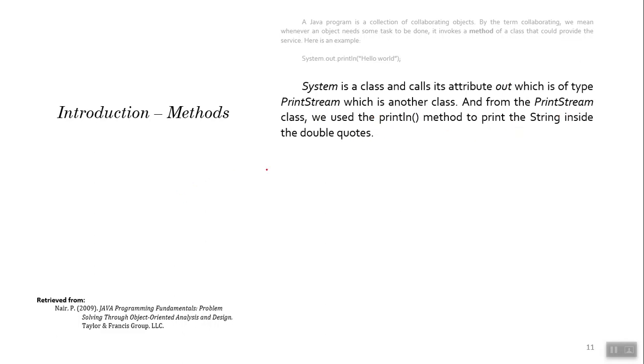So meaning to say, for example, you have a sample class. Okay, so sample class. So this is your class. And then inside the implementation of the sample class, we have the system.out.println. So meaning to say this sample class here retrieve a method from the system using the out object of type printstream to call the println.